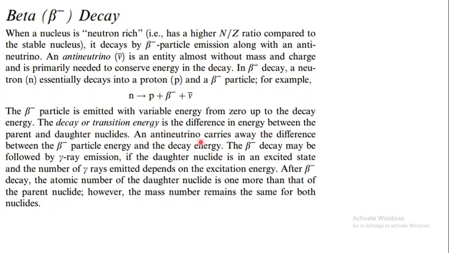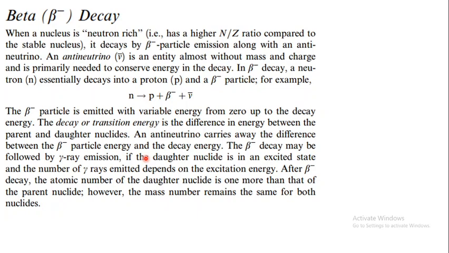As the antineutrino carries away the difference between the beta particle energy and the decay energy, the beta decay may be followed by gamma ray emission. As we studied in a previous slide, if there is a beta ray emission, there should be gamma ray emission.